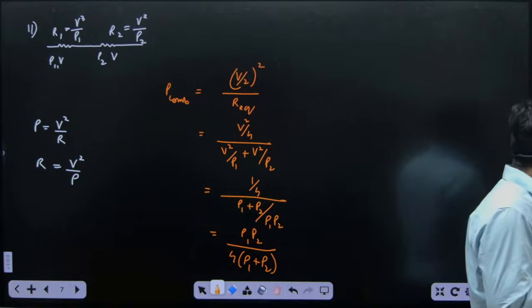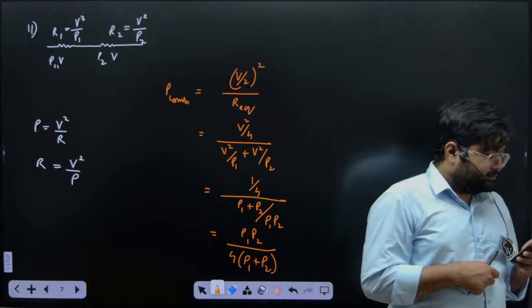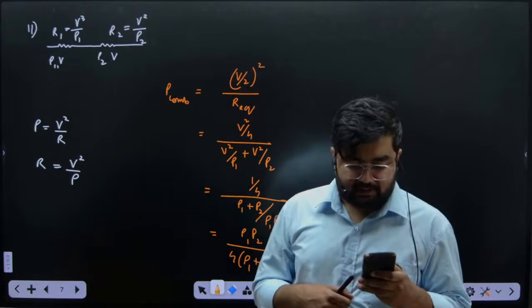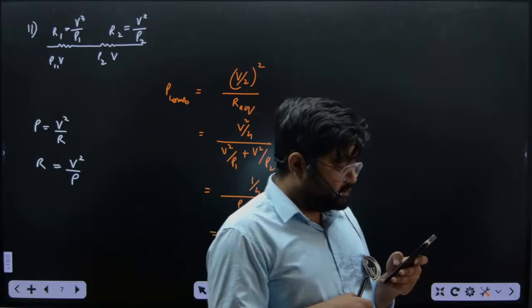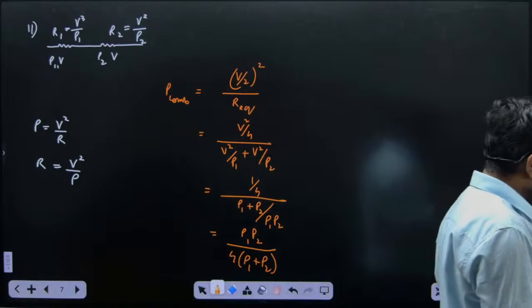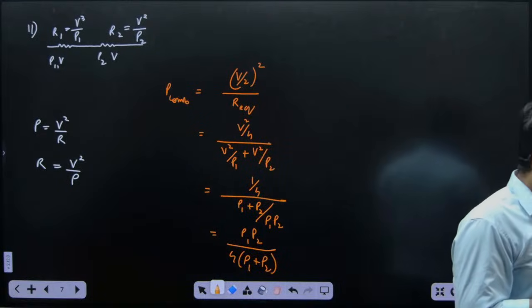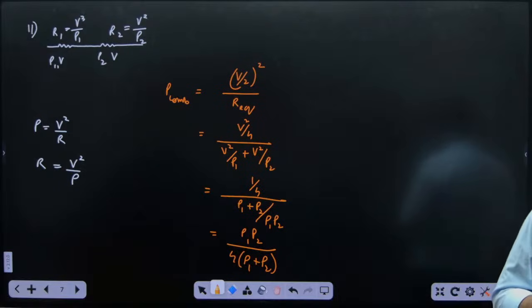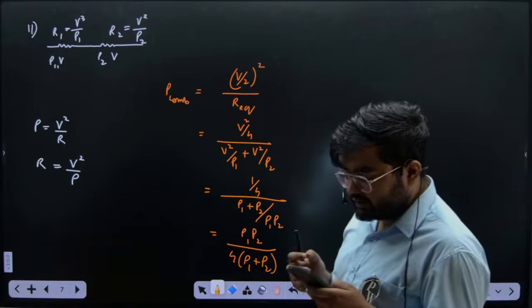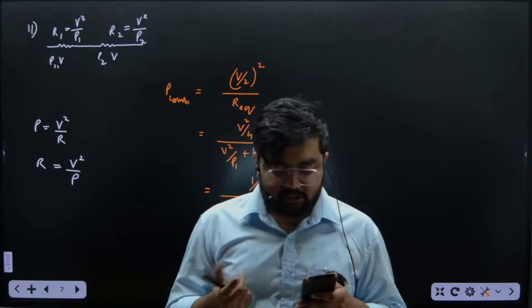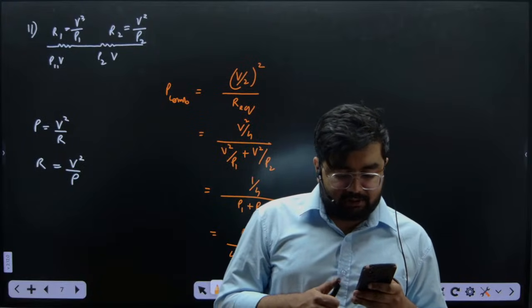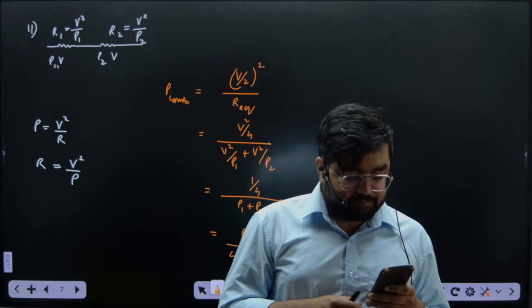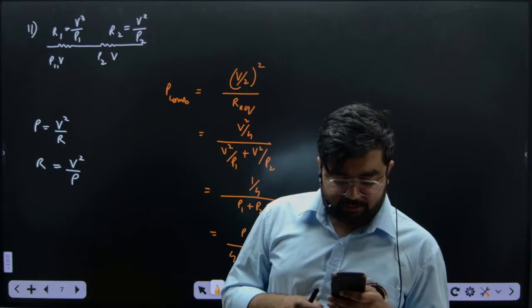Next are some assertion reasoning questions. First is: if accelerated electrons are passed through a narrow slit, a diffraction pattern is observed. Yes, true. Electrons behave as both particles and waves. True, correct explanation also.